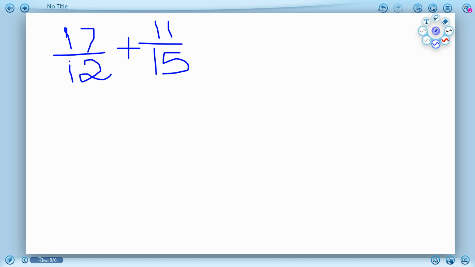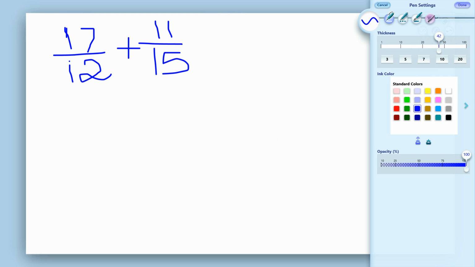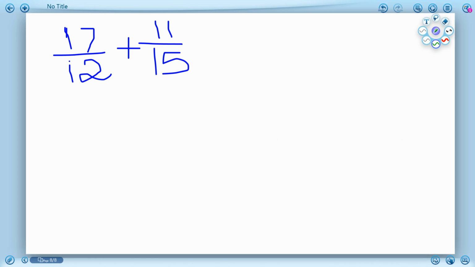Once again, I'm going to find the common denominator. This may seem a little far-fetched, but after you think about it for a bit, you're going to realize the common denominator should be 60. So I'm going to multiply both top and bottom by 5 on this one. This time, I'm going to multiply both top and bottom by 4, which gives us the common denominator of 60.